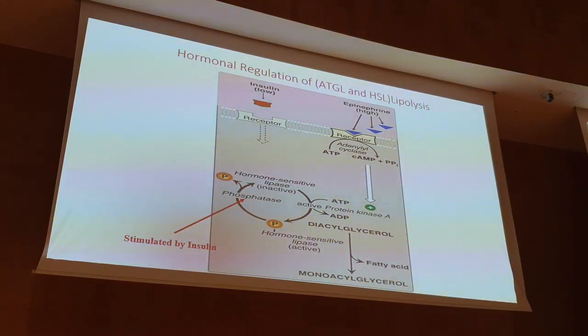And what will phosphorylate it? Protein kinase A. What will increase protein kinase A is cyclic AMP. What makes cyclic AMP is adenylate cyclase. What triggers adenylate cyclase to make cyclic AMP is epinephrine and glucagon binding to its hormone receptors.